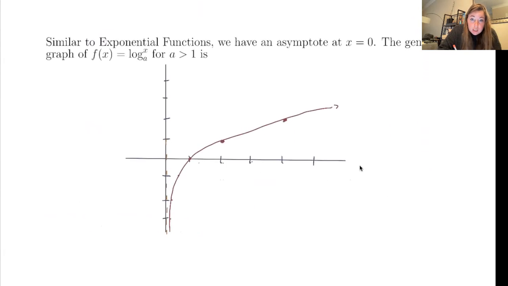Where this is 1, and this would also be 1, and this would be whatever a is, and that should be f of x equals log base a of x. Okay. Beautiful. And then you can see the vertical asymptote right there. Okay, so that's what our logarithm functions look like.